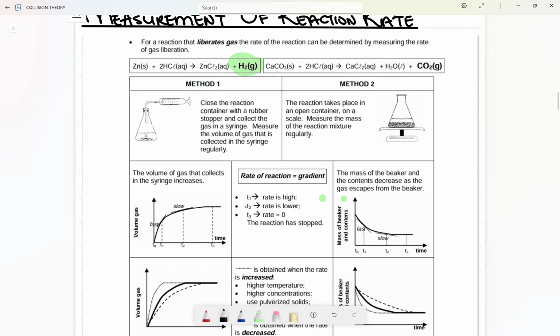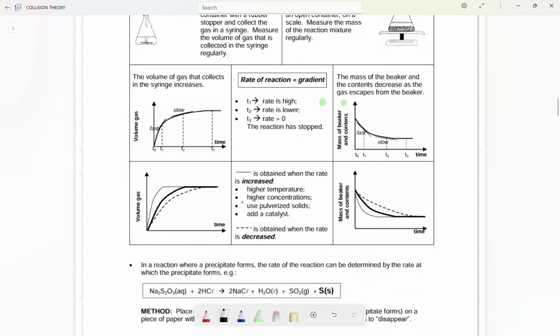Now, in a graph, it will be like this. This is a volume-time graph, okay? Can you see that? At time t0, there is no volume, right? The reaction hasn't occurred.